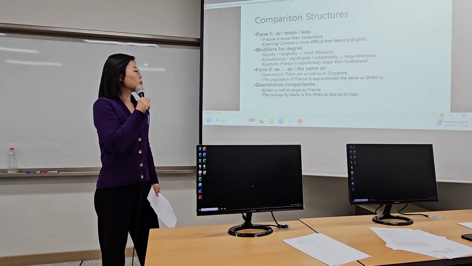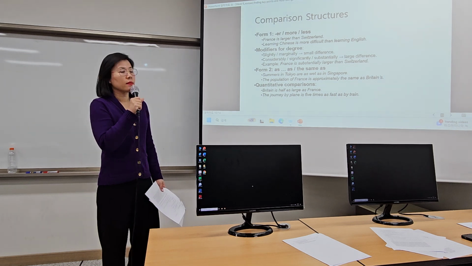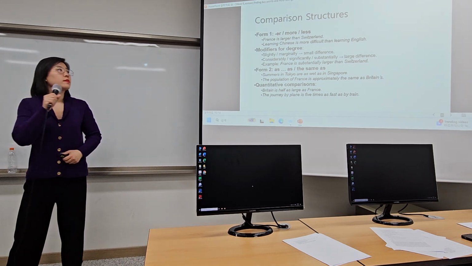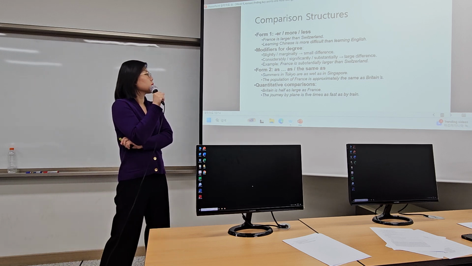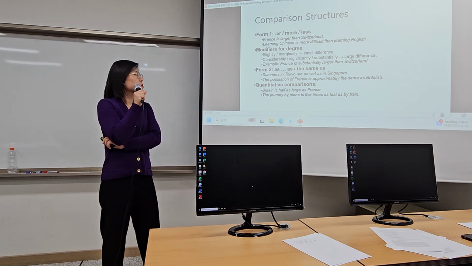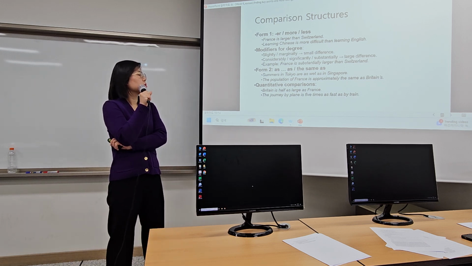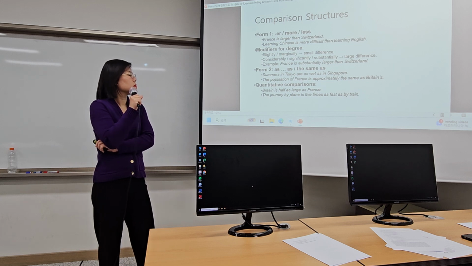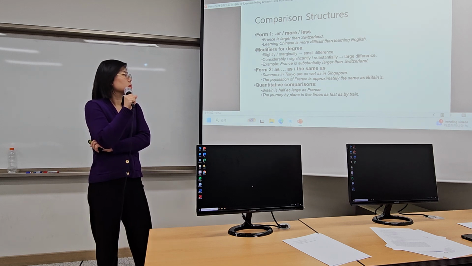Learning Chinese is more difficult than learning English. Modifiers for degree: slightly, marginally indicate a small difference; considerably, significantly, substantially indicate a large difference. Example: France is substantially larger than Switzerland.